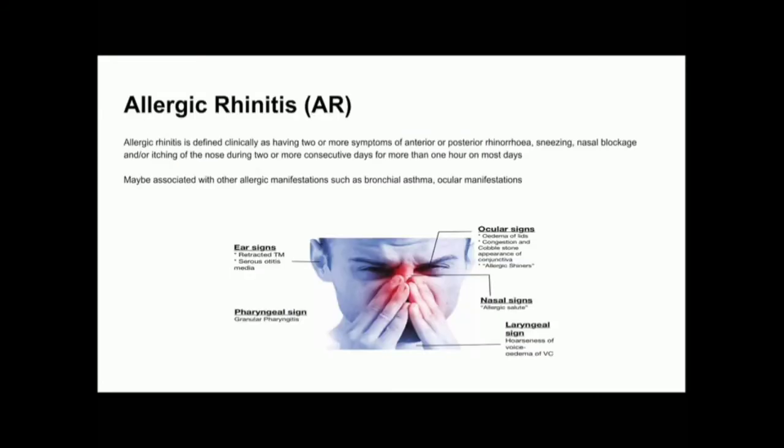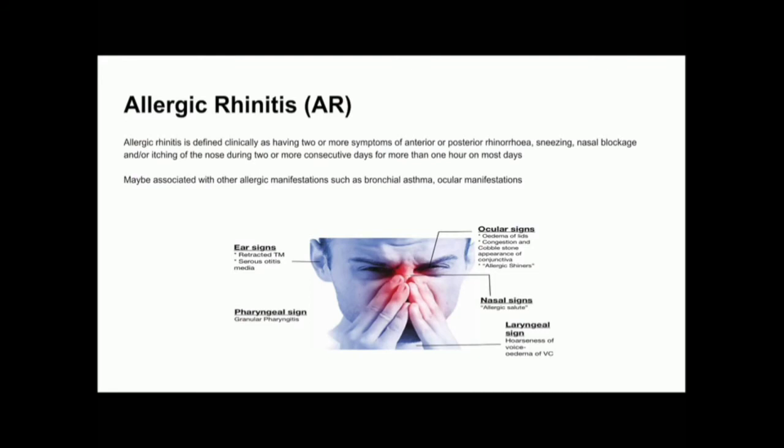Coming to the next condition, that is allergic rhinitis. It is clinically defined as having 2 or more symptoms of anterior or posterior rhinorrhea, sneezing, nasal blockage, and/or itching of the nose during 2 or more consecutive days for more than 1 hour on most days. It may be associated with other allergic manifestations such as bronchial asthma and ocular manifestations.